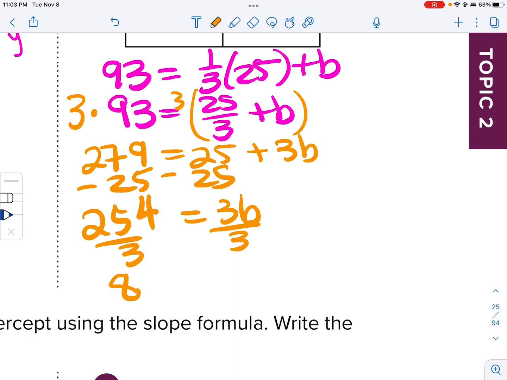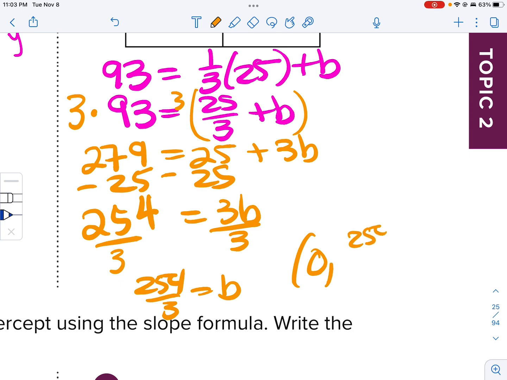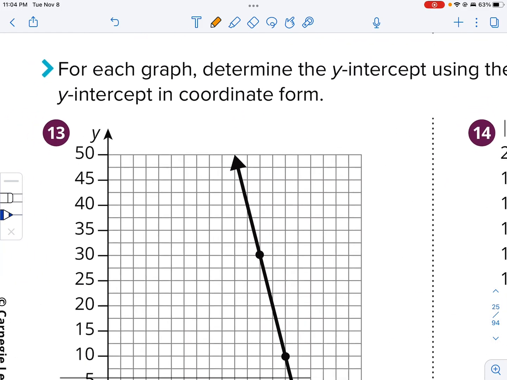Yeah, so we just leave it as that. So my b value is 254 over 3 is equal to b. So 0, 254 over 3. 93 times 3. I just want to make sure I use the right numbers. 254. Yep. Okay.